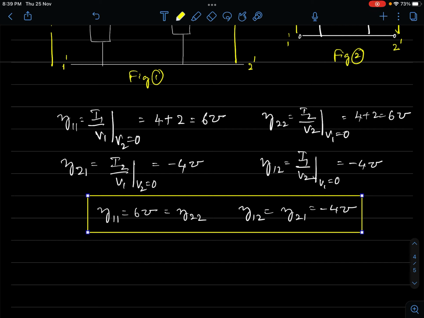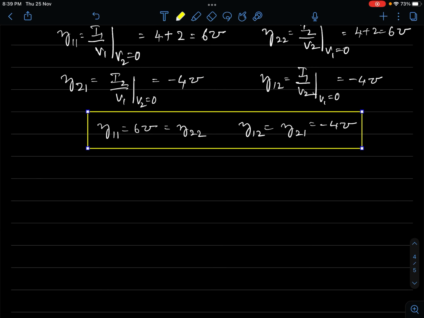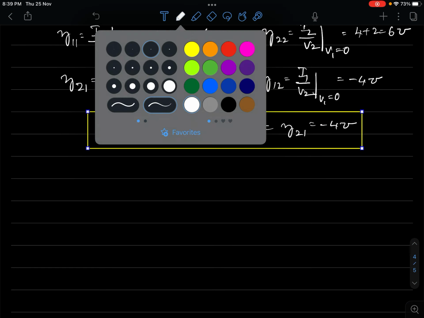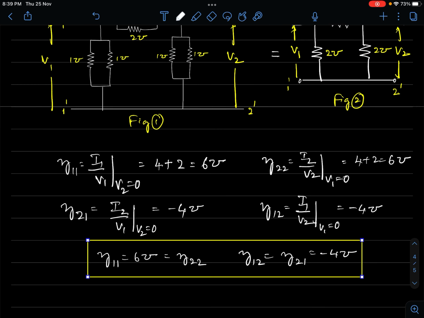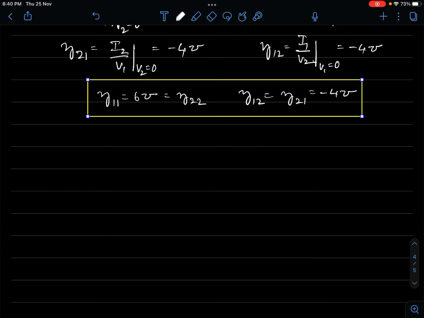This can be obtained by making use of another principle: when two networks are connected in parallel, the Y parameters of the resultant network are the sum of the Y parameters of the individual networks. We can simply make use of that law also. What we did here was from first principles, but you can simply make use of this particular result.